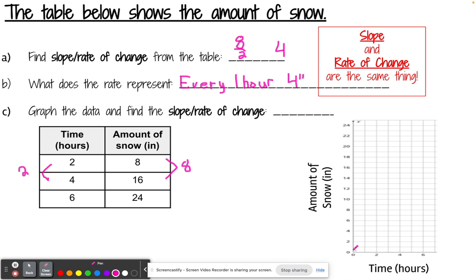So let's take a look at my graph. I have 2 and 8, that's here. I have 4 and my 16 looks like it's here. And 6 and 24 is way up here.